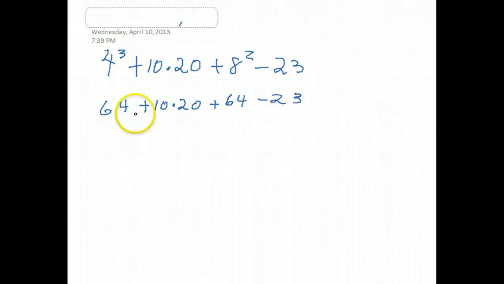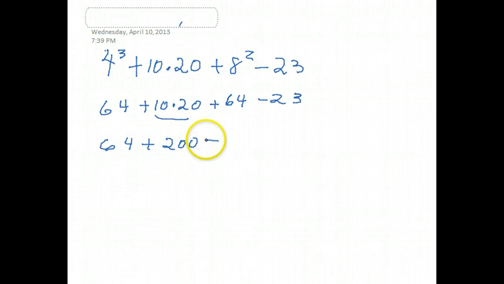And then I'm going to do the middle one, because that's a multiplication. So this would be 64 plus 200 plus 64 minus 23. So 64 plus 64 add up to 128.